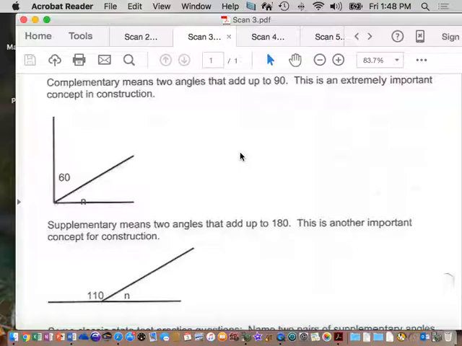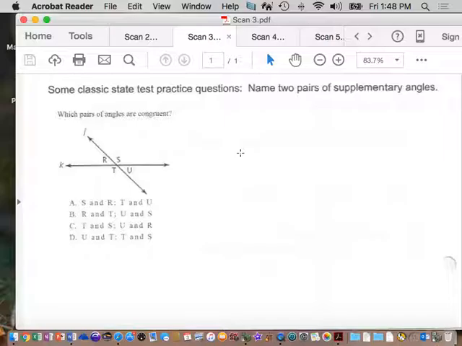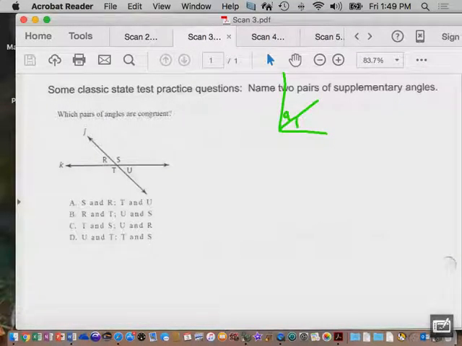Now, let me scroll this up a little bit. Before we answer this question, what do angles A and B add up to? 180. No, 90, that's a right angle. In this one, what do angles A and B add up to? 180, good. All right, so we did this question yesterday when we talked about vertical angles.